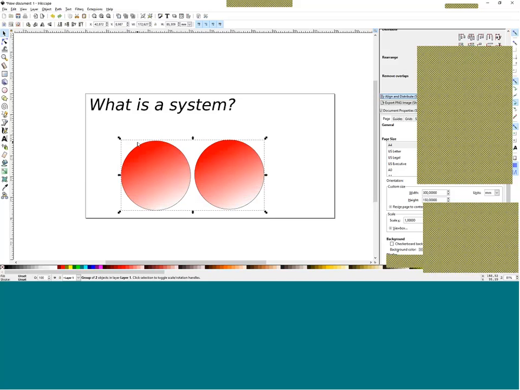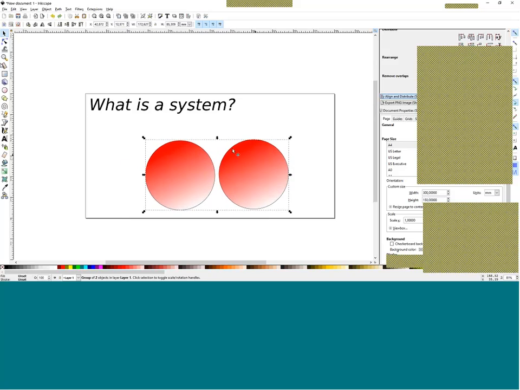It can be a region of space, so it doesn't necessarily have to be just these two particles.